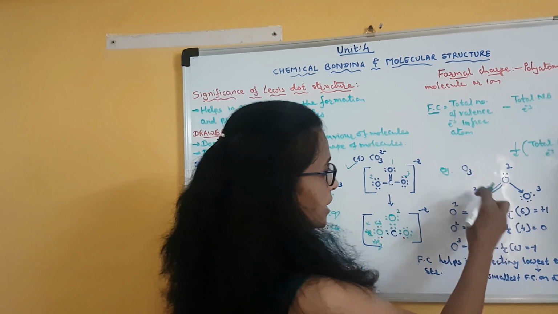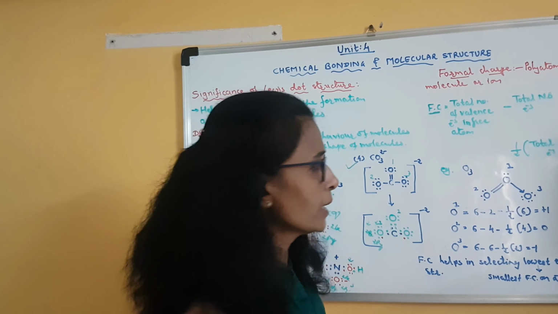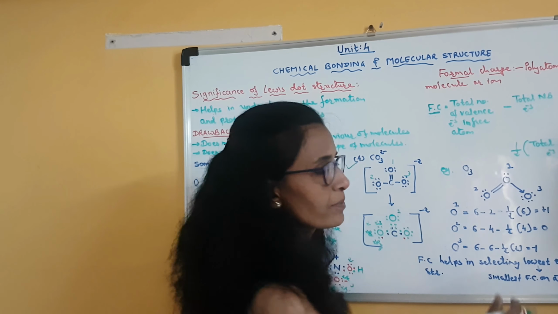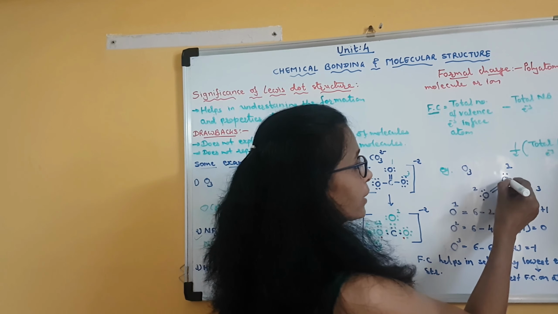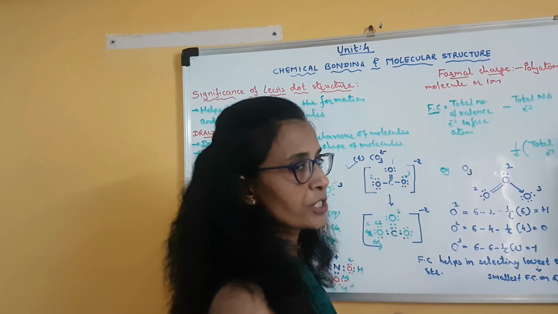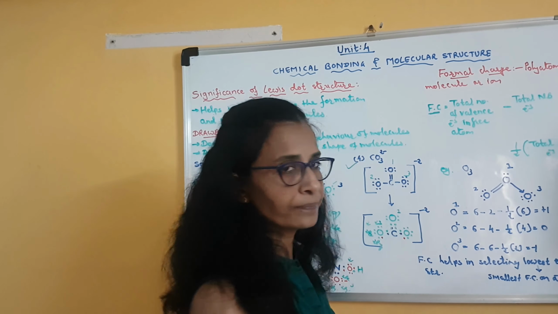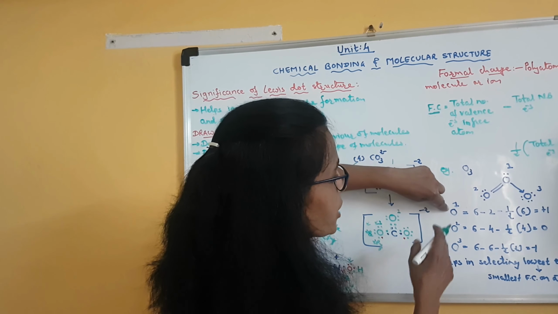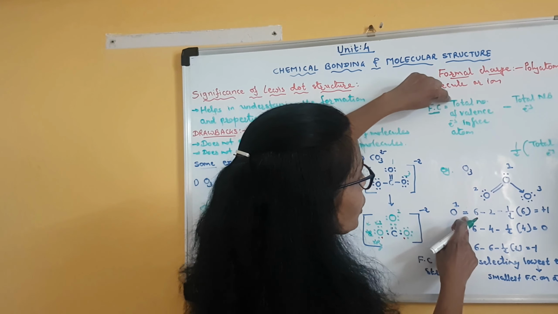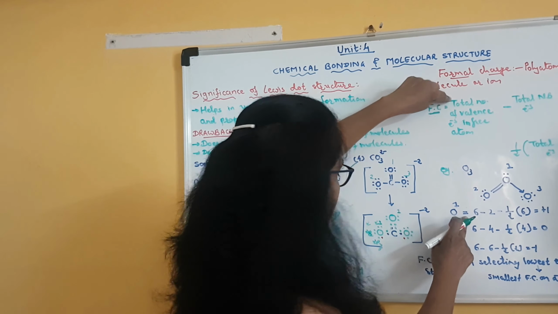This is the structure of ozone. Clear? I have labeled oxygen atoms as 1, 2 and 3. Suppose I want to calculate the formal charge of the first oxygen atom. I have written O1. Clear? So first oxygen's formal charge is equal to total number of valence electrons.